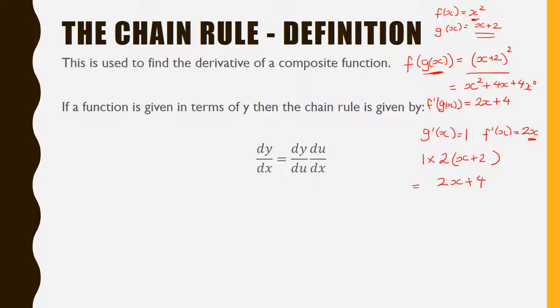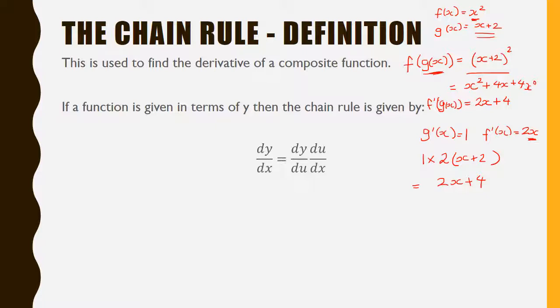Now the way this is written can be somewhat confusing, okay? So we generally set this up in a different way, and that's what I'm going to go through in just a moment. More often the chain rule is written this way.